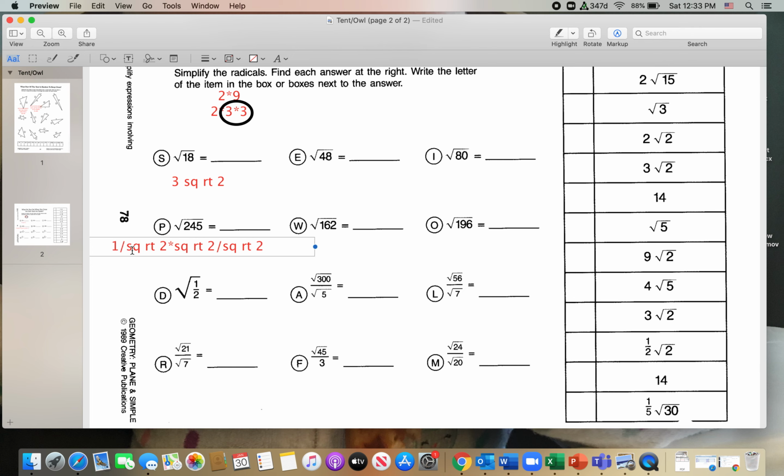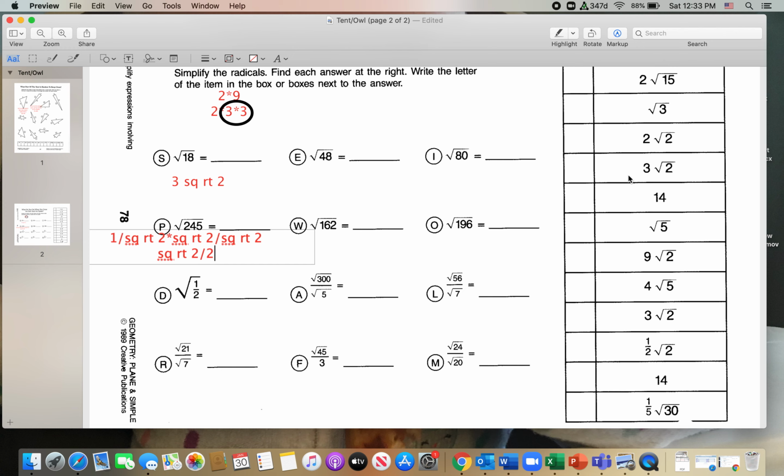So 1 over square root of 2 times square root of 2 over square root of 2 is what I next have. Well, 1 times square root of 2 is just square root 2 over, now, square root of 2 times square root of 2, or square root of 2 squared. Square root and square are opposite operations, so all you have left is 2. The correct answer on this is square root 2 over 2.